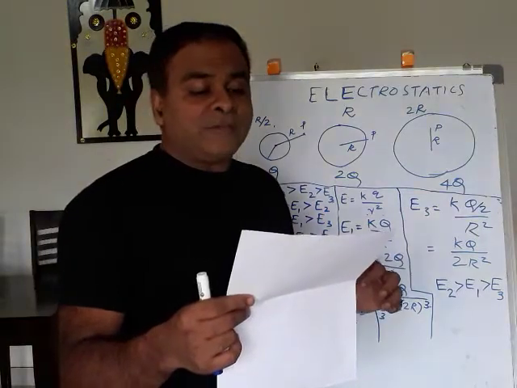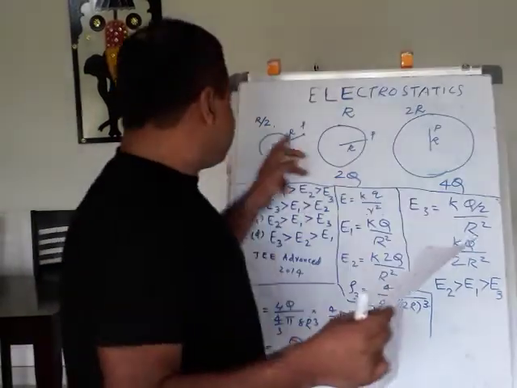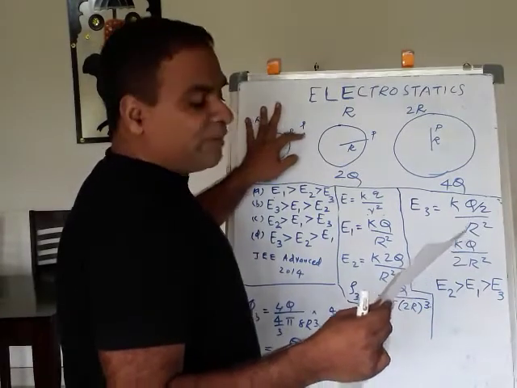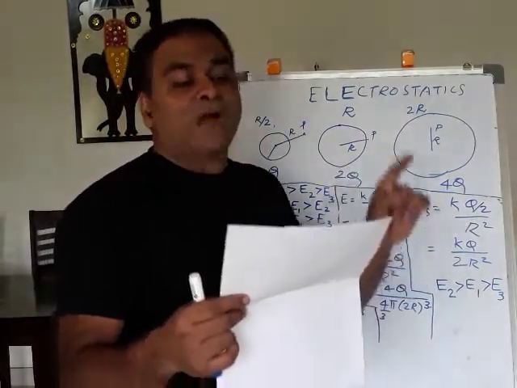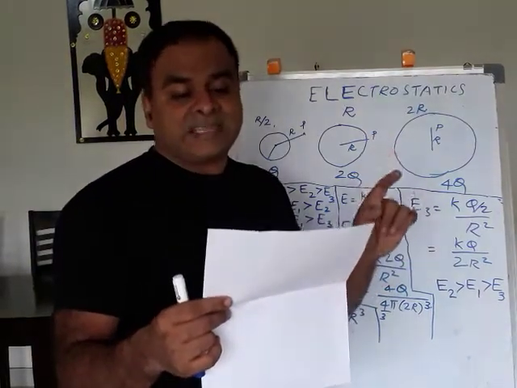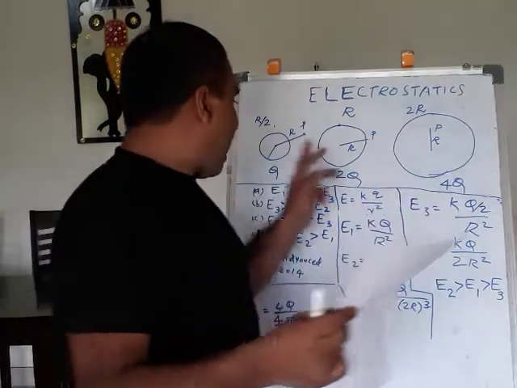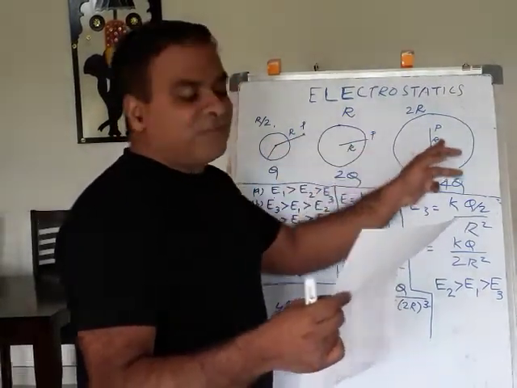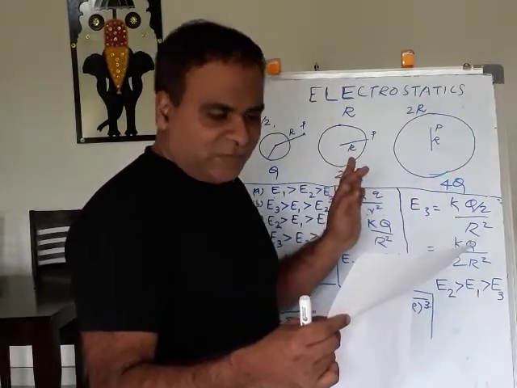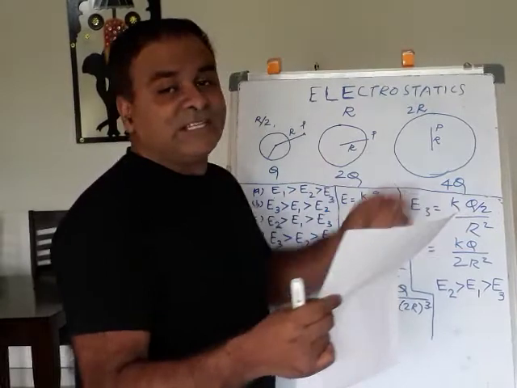If the magnitude of the electric field at a point P, which is at a distance r from the center of the spheres 1, 2 and 3 respectively, are E1, E2 and E3.